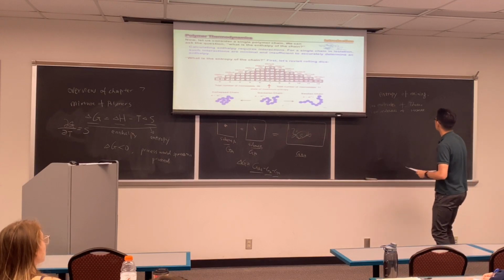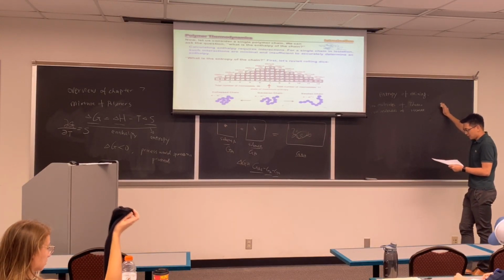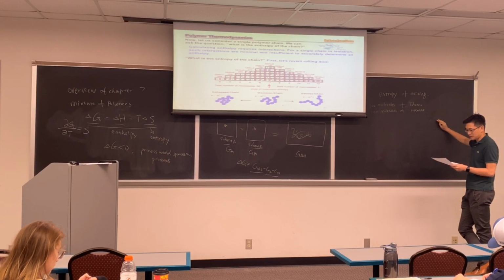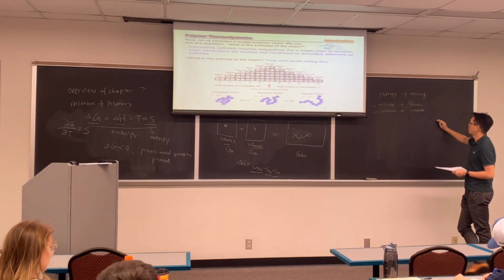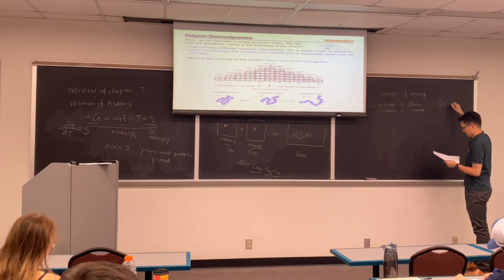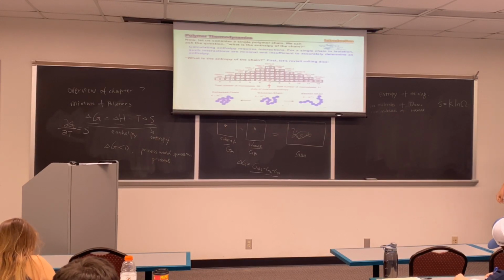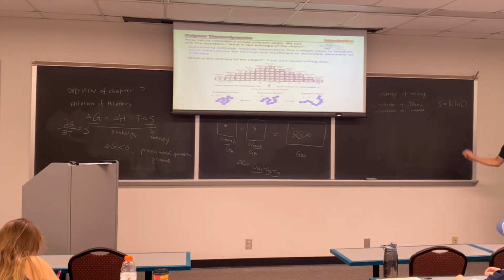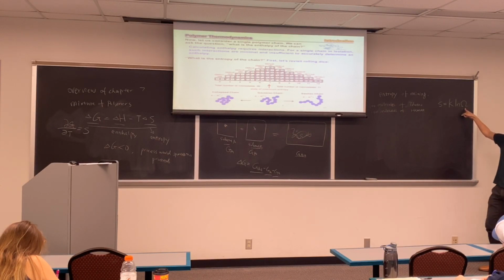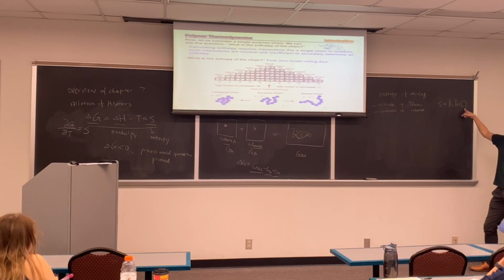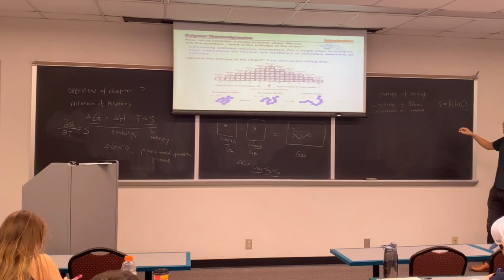It is defined by the Boltzmann equation, which is quite simple in terms of definition. So entropy S equals k times the log of the number of possible states W for the system. What does this mean?